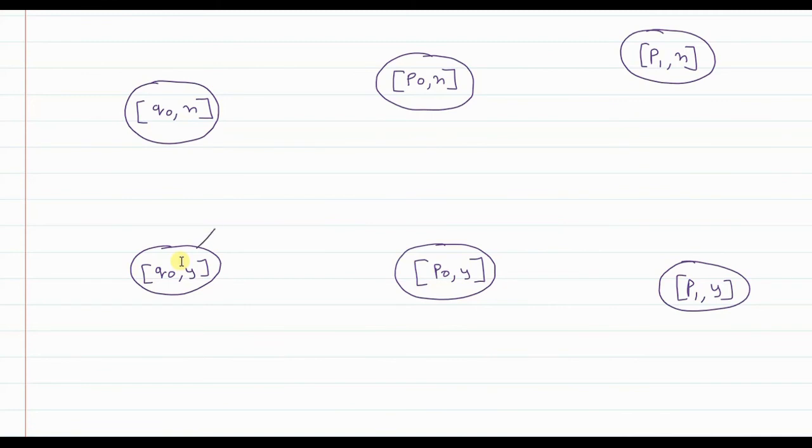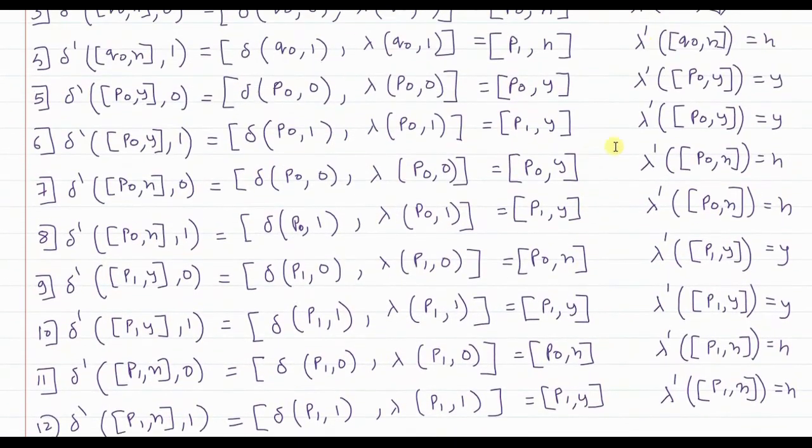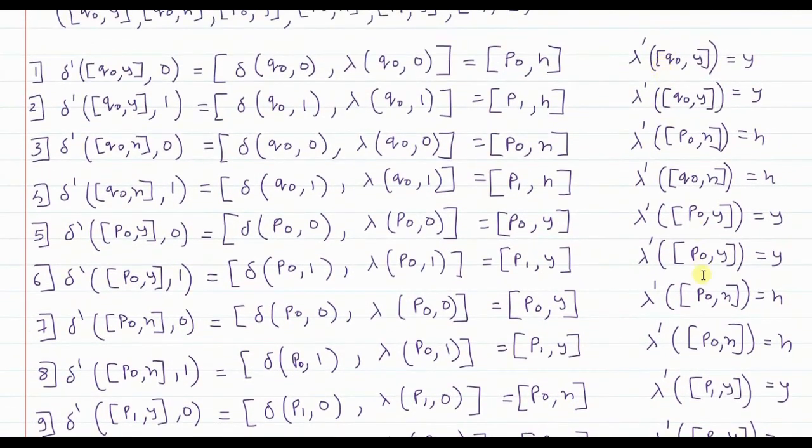So from Q naught y on reading 0, you go to P naught no. So that means from Q naught y on reading 0, you will go to P naught no. Fine. And we will see the output associated with the states later on. First let us only connect the states.